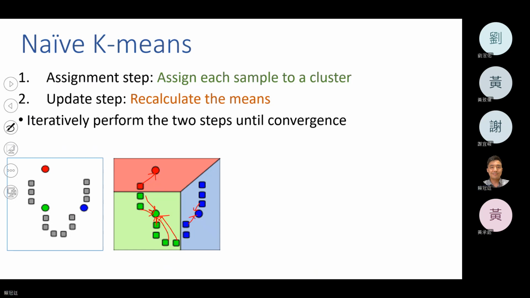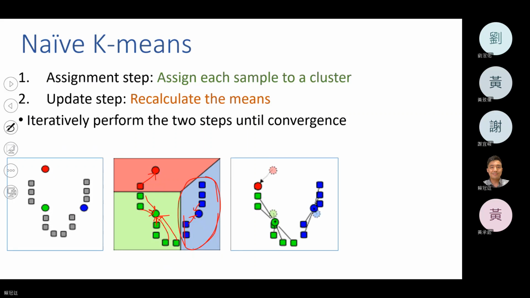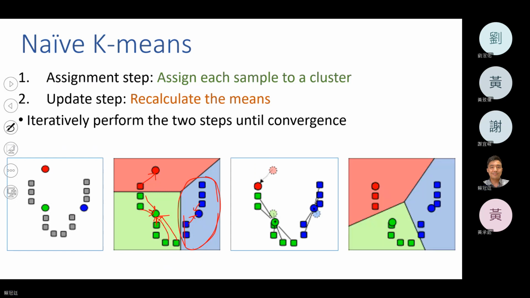Then we use the data in each group to recalculate the mean. So we recalculate the mean of each group, right? Then we reclassify.